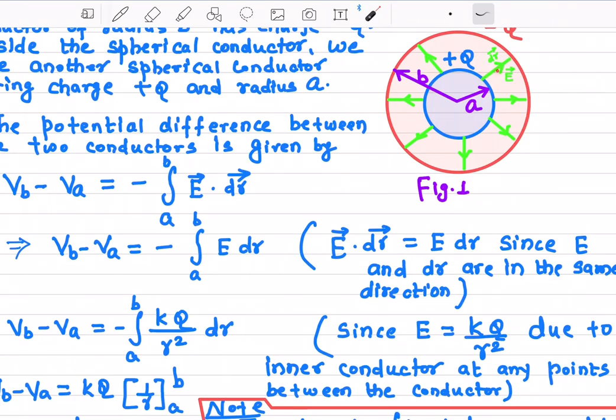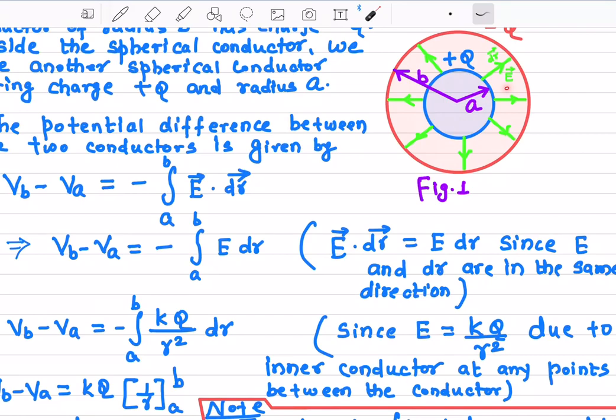If I look at the Gaussian surface or any surface in between, then for this sphere, this one just behaves like a point charge. You can also recall it from Gauss's law from the previous chapter.